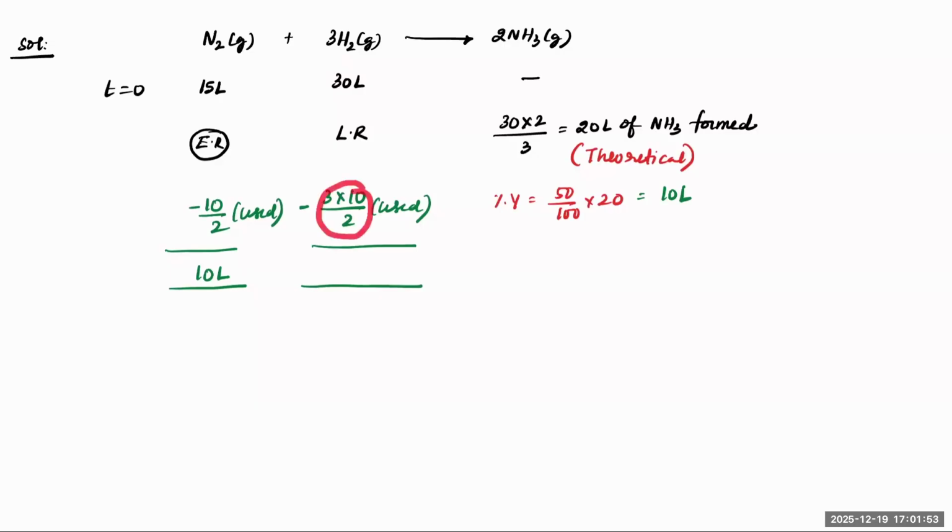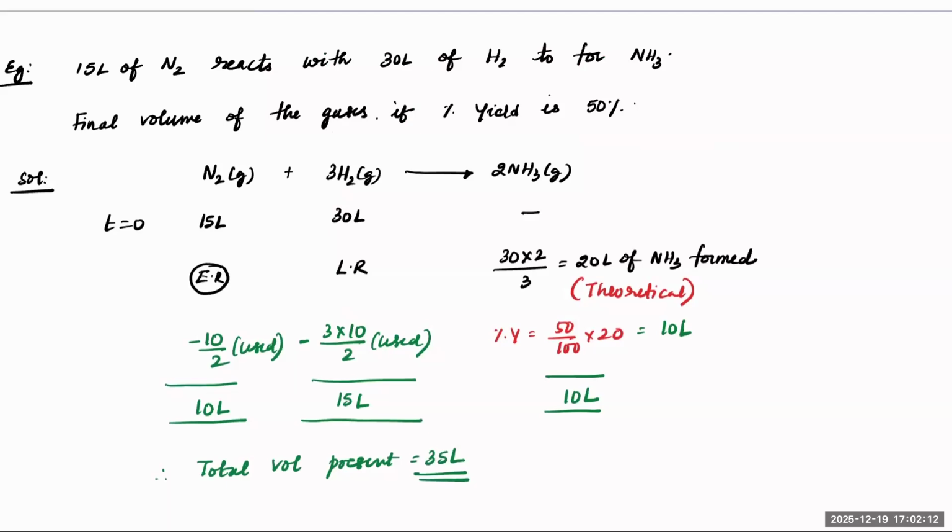So how much is leftover? 15 liters is leftover. And how much is the volume that has formed? 10 liters. So therefore, total volume present will be equal to 35 liters. Is that okay? Done?